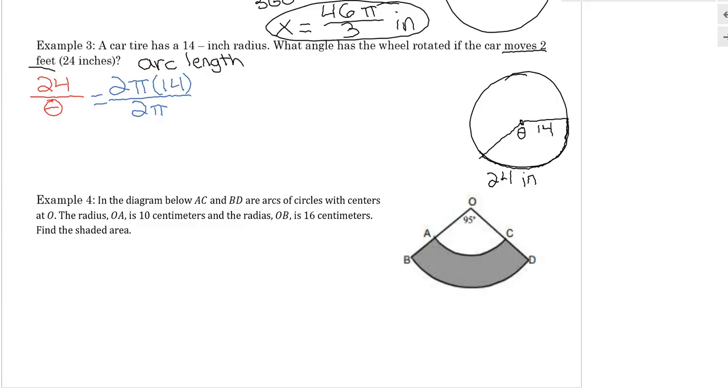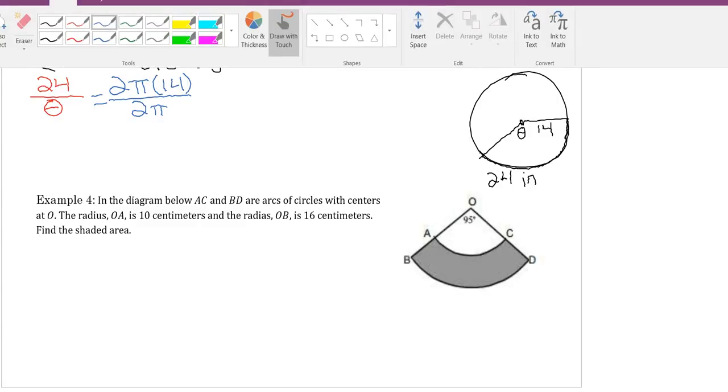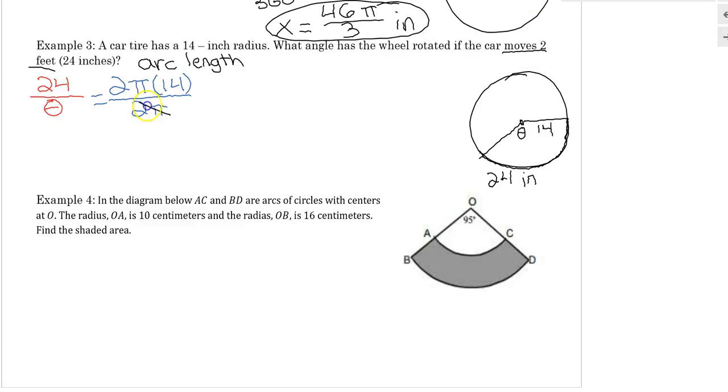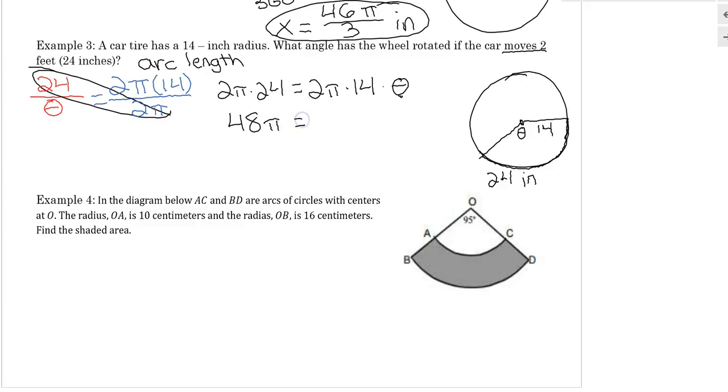Okay. So then the next thing we are going to do is cross multiply. So I have 2 pi times 24 equals 2 pi times 14 times theta. Remember, theta is my variable. So I have 48 pi equals 2 times 14 is 28 pi times theta.